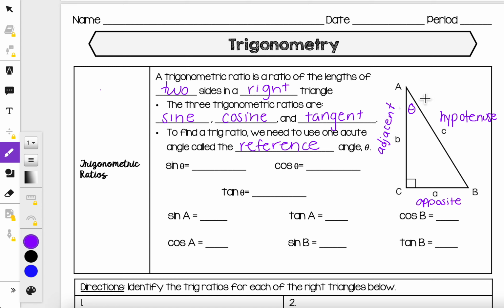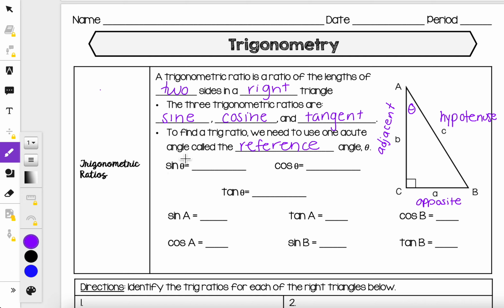In every angle in your triangle, you have two adjacent sides. If you're looking at one of the two acute angles, which we always are when we're dealing with trig, one of your adjacent sides is going to be the hypotenuse, but we always label the hypotenuse as the hypotenuse. And then the other side that's next to your angle is your adjacent side.